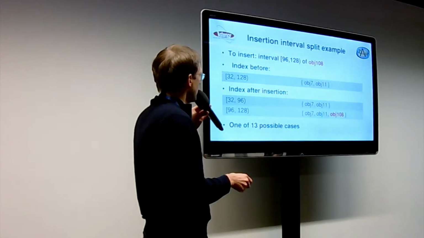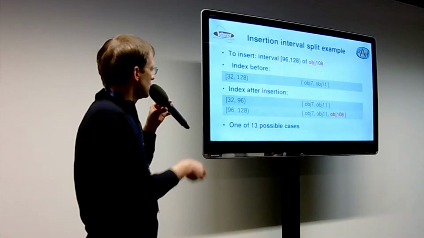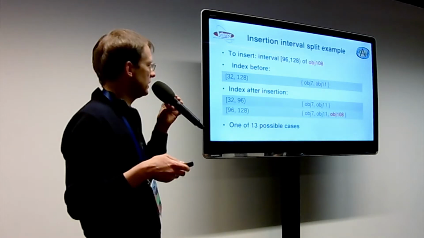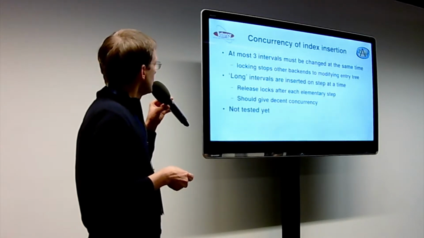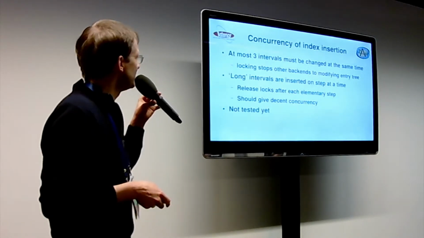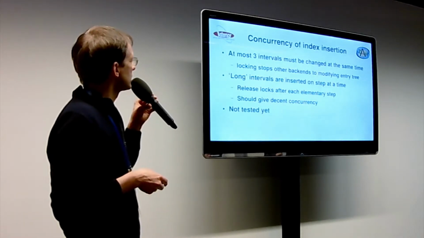Still, when one of these 13 elementary modifications has to be done, the index at least has to be locked for writing. For reading, it should be okay. The only problem is I basically didn't test it yet, so it could be that I overlooked something.